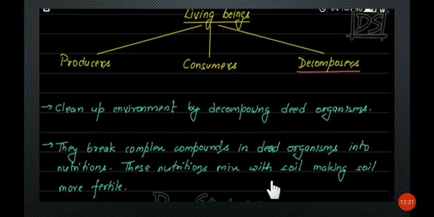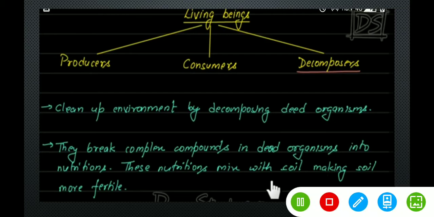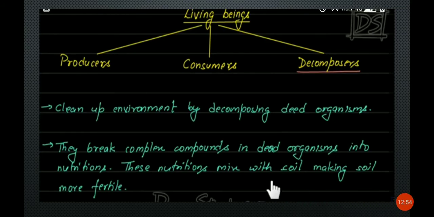These nutritions mix with soil, making soil more fertile. So these are all the advantages of decomposers. They are doing a good job for the environment.